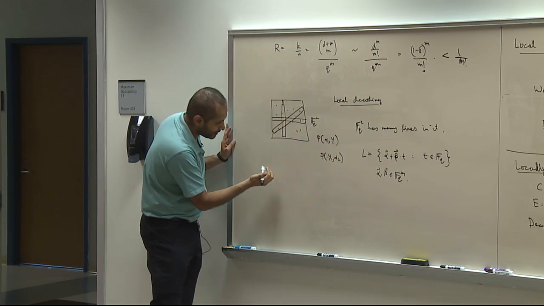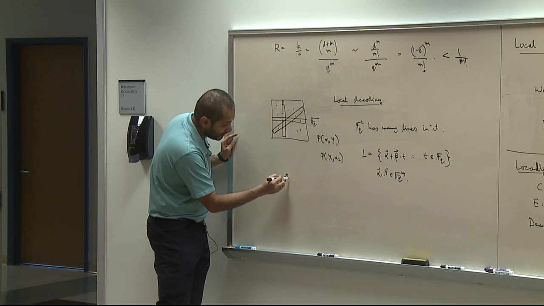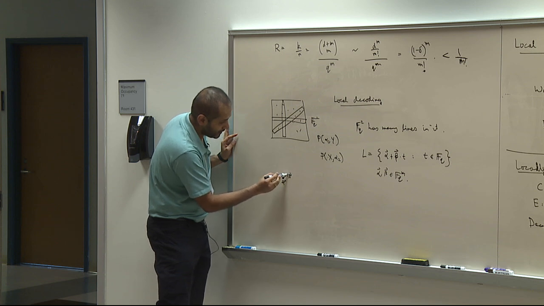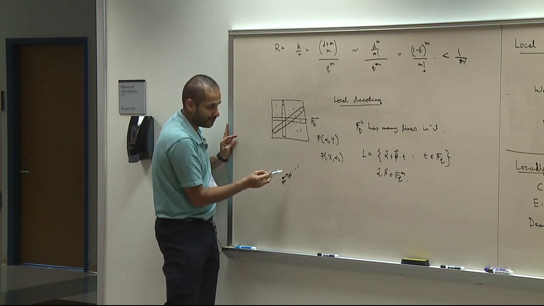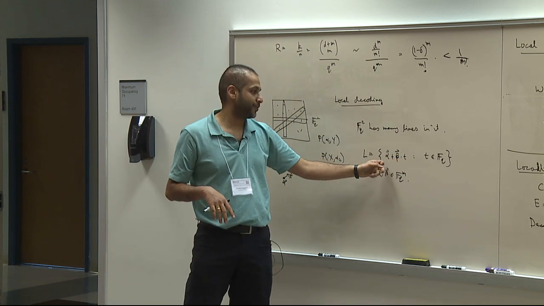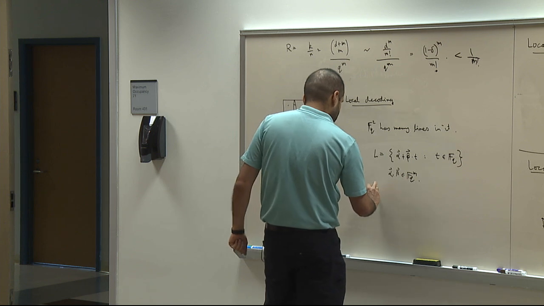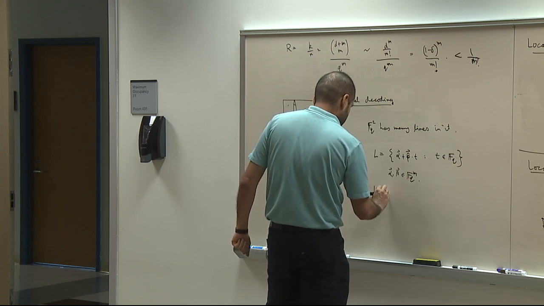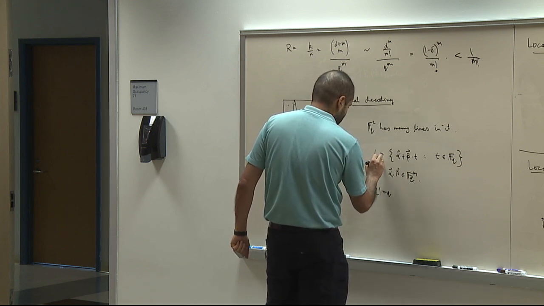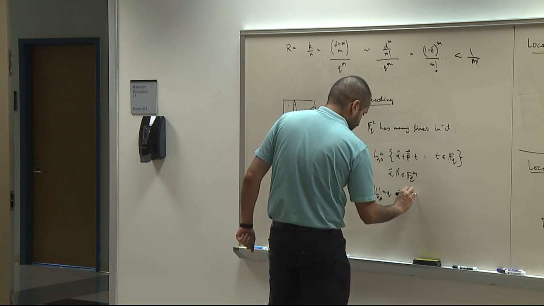Let's take a fixed point alpha and go in direction beta and keep taking multiples of that. Everything is algebra over Fq, so this gives you q different points if beta is non-zero. So the size of L, maybe I can call it L alpha beta, is q if beta is non-zero.